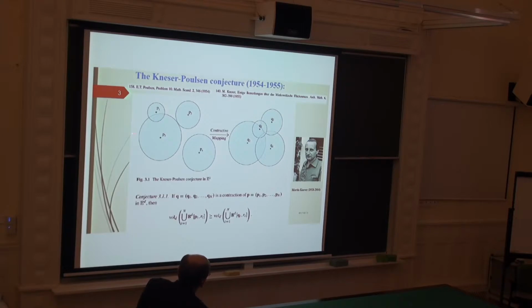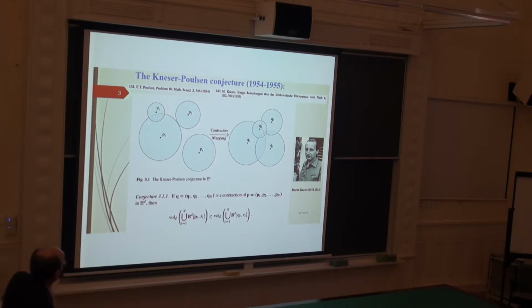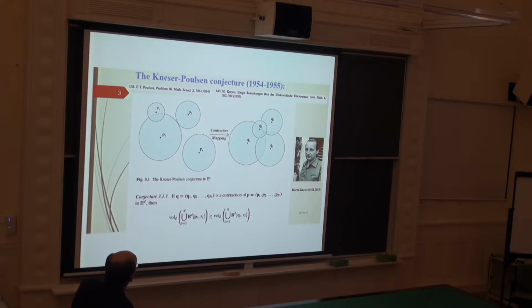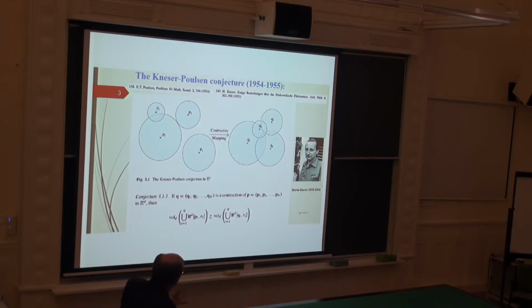The pictorial description is this. We have a point configuration P. We start with that. And these points will serve as center points for balls of not necessarily the same radius. So p_1 is the center of a ball of radius r_1. p_2 is the center of a ball of radius r_2, and so forth. And then we contract the center points, but we do not touch the radii.